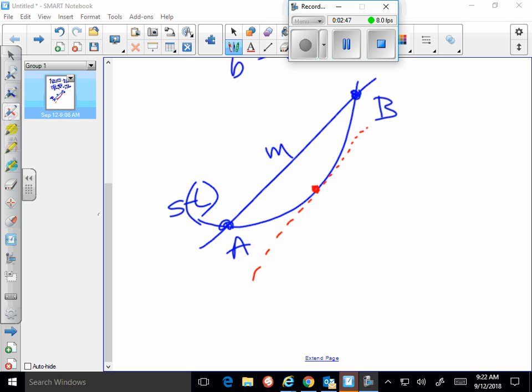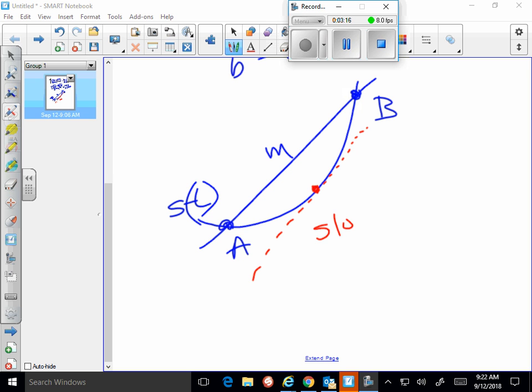What does tangent line to S of t at a point tell us, Dylan? Good. Which would be what if we were talking about the slope of position at a certain time? That would be instantaneous velocity, right?